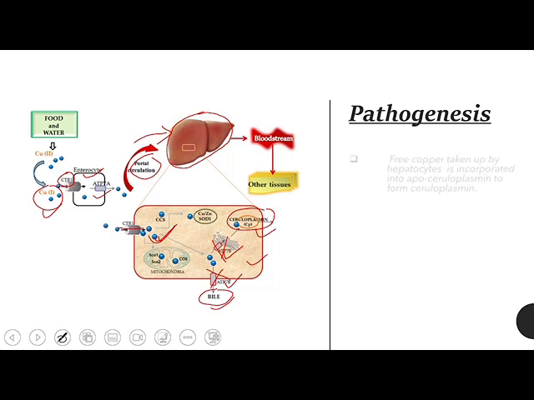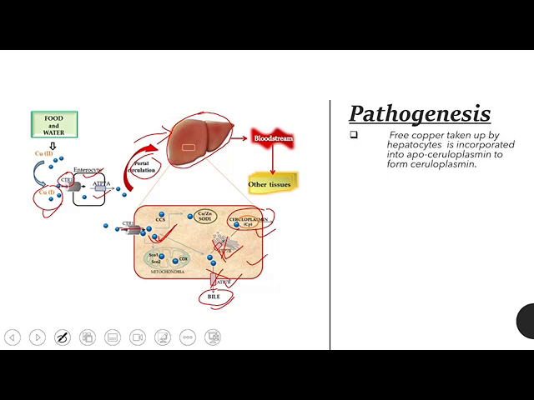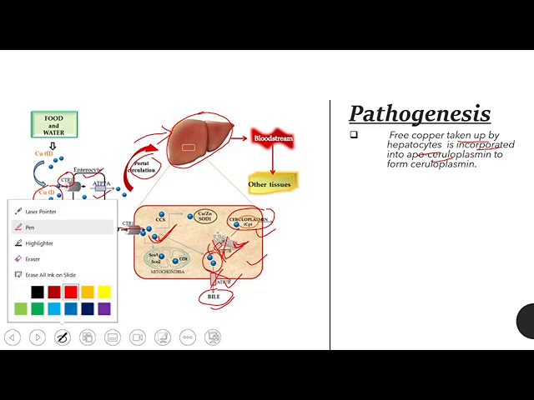We can see this free copper taken up by the hepatocyte and incorporated into the apoceruloplasmin. This apoceruloplasmin is present in the Golgi bodies, where the ATP7B protein channel is present, and this free copper will be incorporated into that.